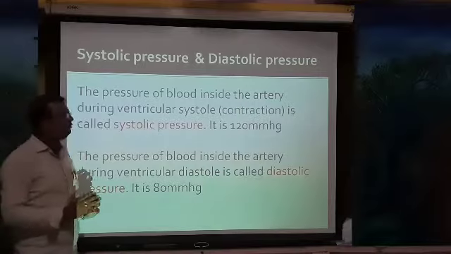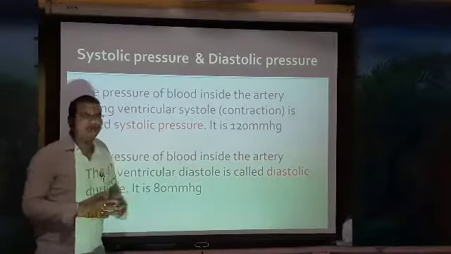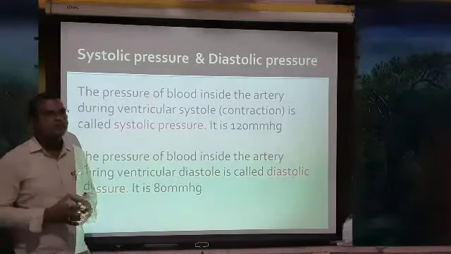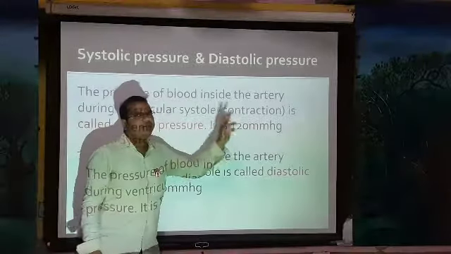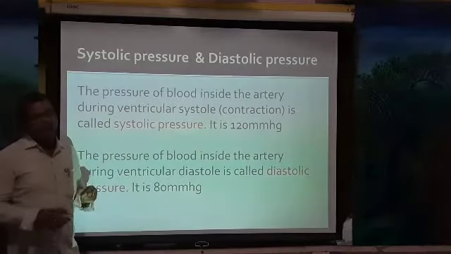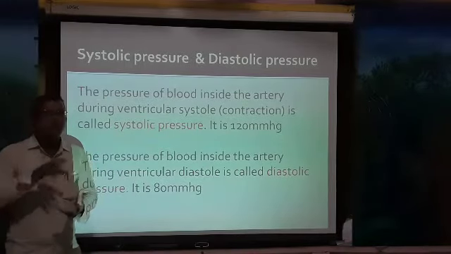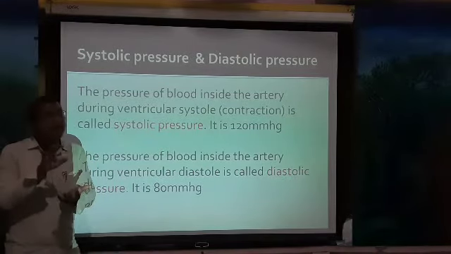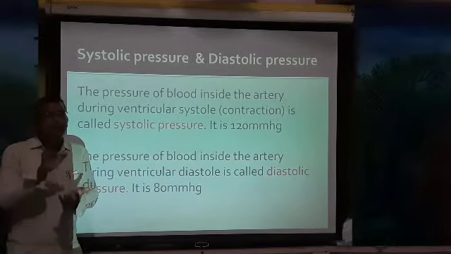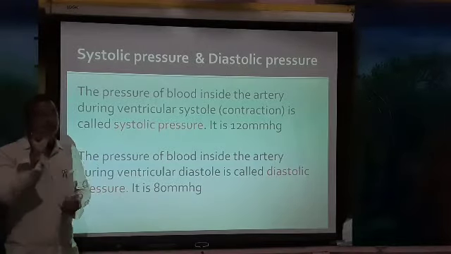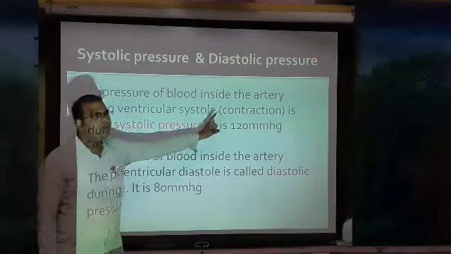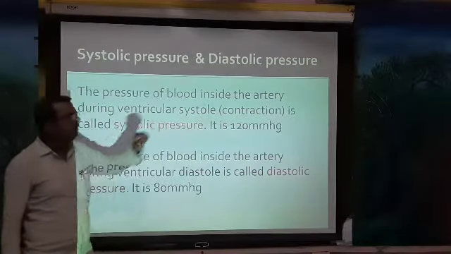Such pressure is what we call systolic pressure. This systolic pressure is usually about 120 mmHg, millimeters of mercury. A normal healthy adult has a systolic blood pressure of 120 mmHg.